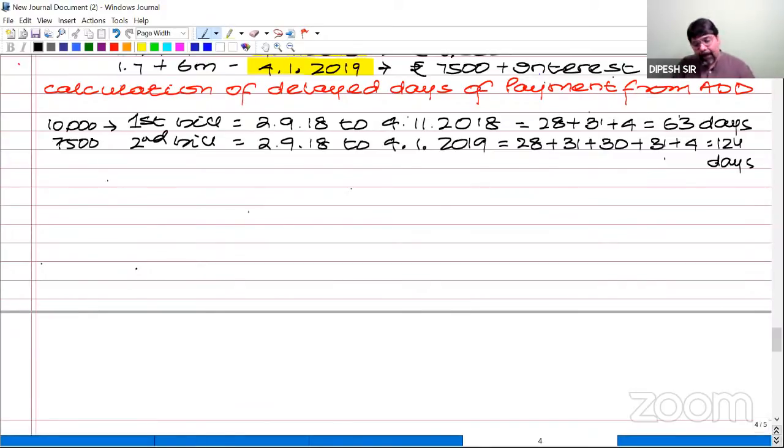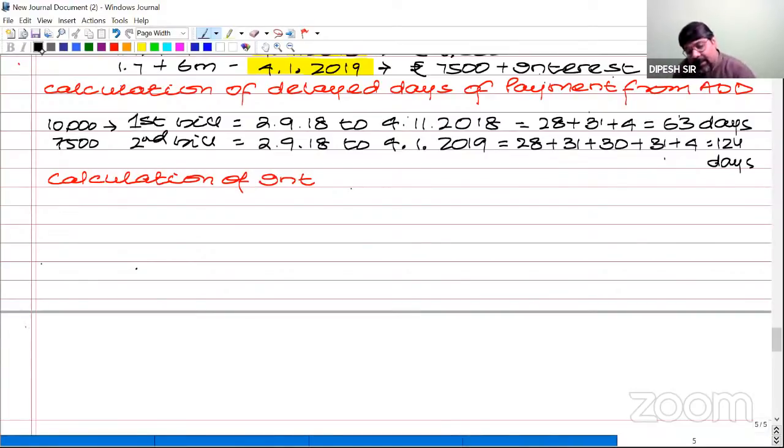Correct? So now calculation of interest, chartered. How to calculate interest?